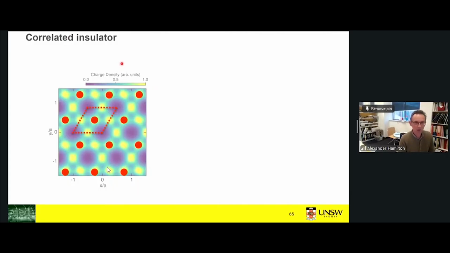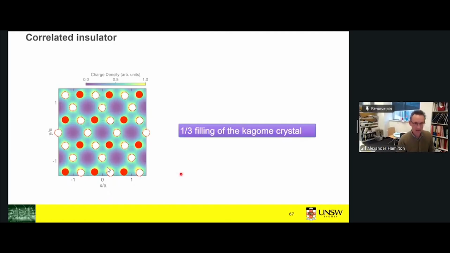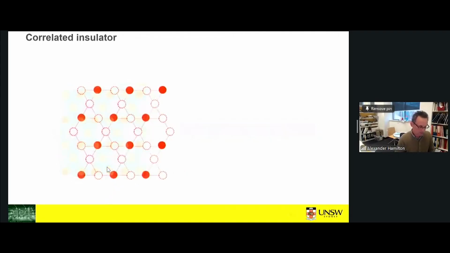But the cool thing about the Kagome lattice is that I have these empty sites here at half filling of that flat band, or 1/3 filling of the total Kagome lattice. I have all of these empty sites the electron could sit on. So it's 1/3 filling of the Kagome crystal.